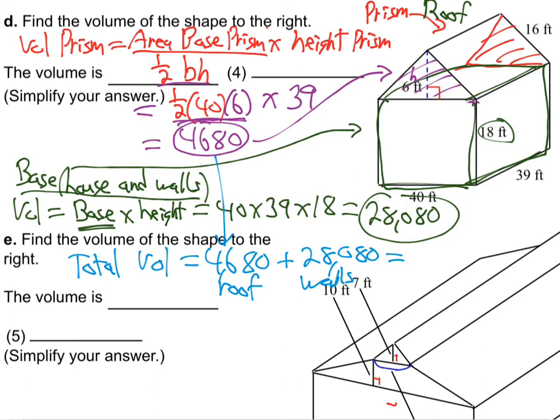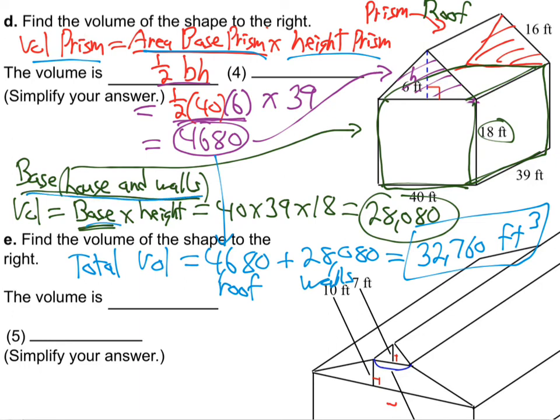I'm getting 32,760 cubic feet, because it's cubic units, because it's volume. Good. So we figured the roof, which was a prism, area of the base times the height, and prism laying on its side, and then the base, which is the house and the walls, base times height. We added those two together.